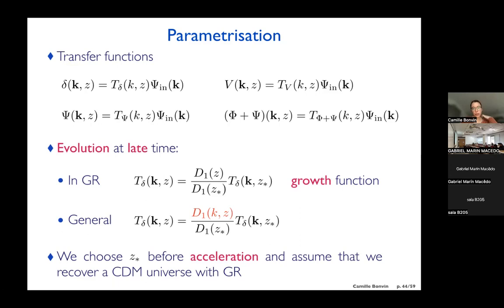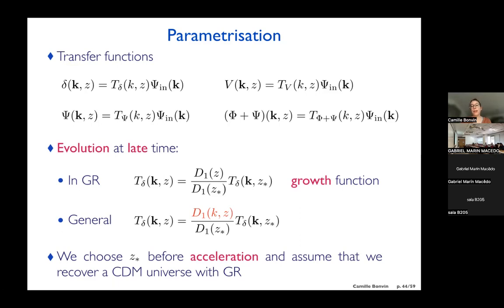And here and in the following, we will actually make one assumption to simplify the calculation, which is to choose this reference redshift z star with respect to which we describe the evolution of the perturbation before acceleration has started. And we assume that at this point, we recover a standard cold dark matter universe with general relativity.